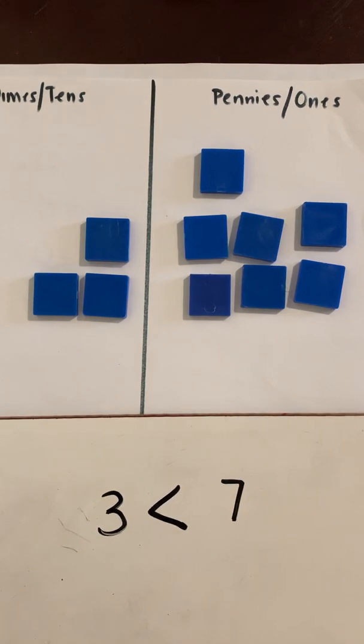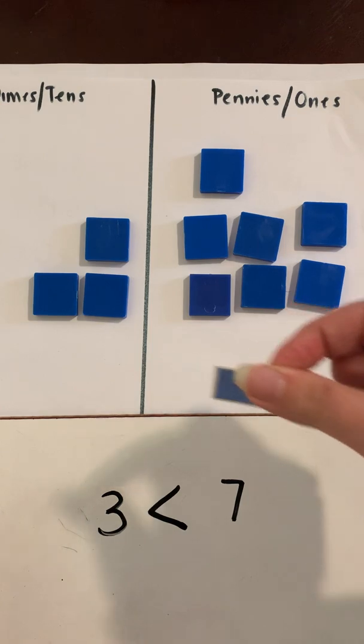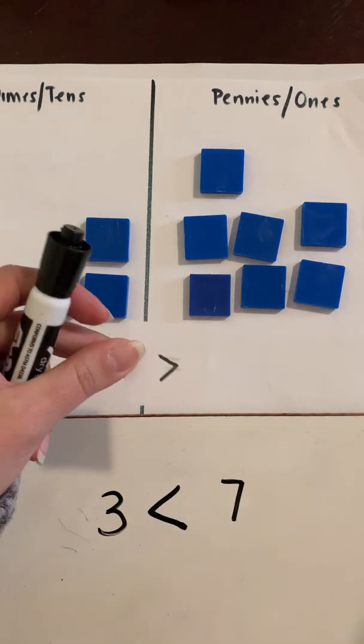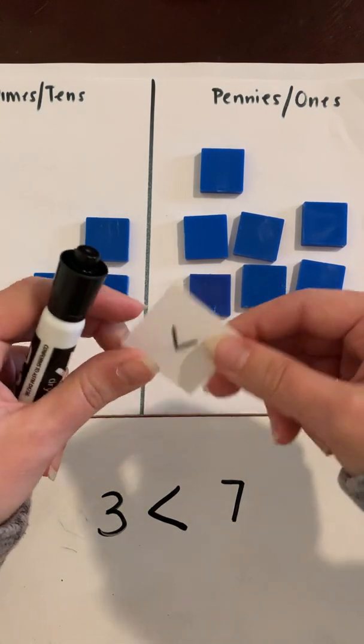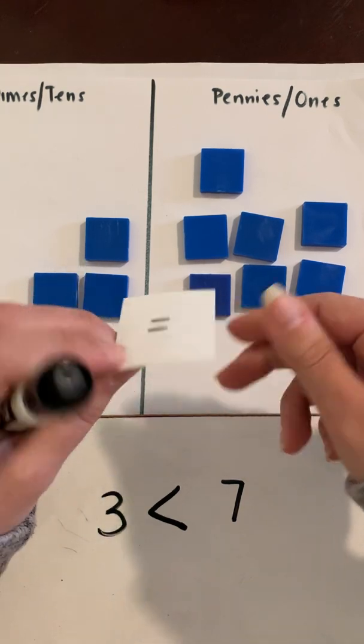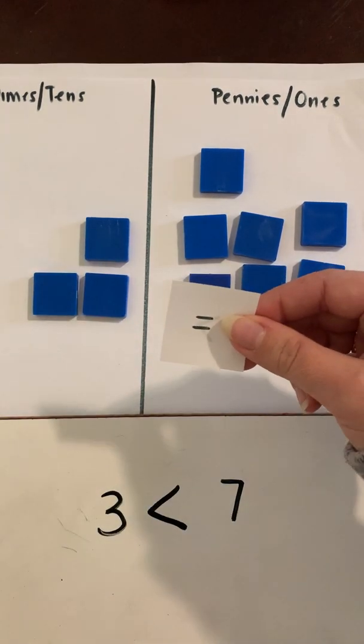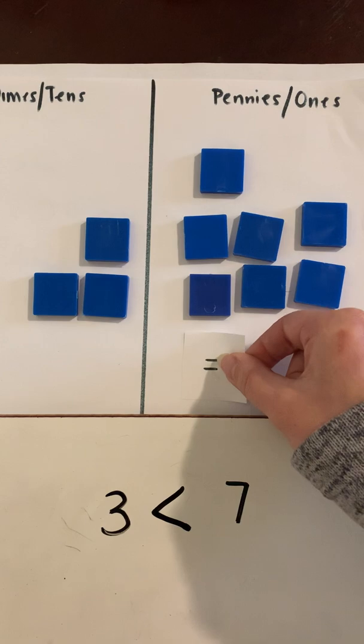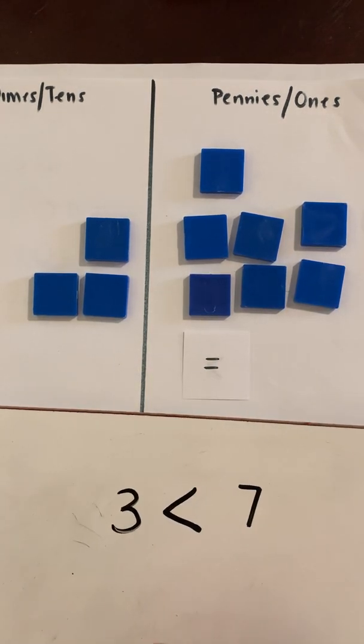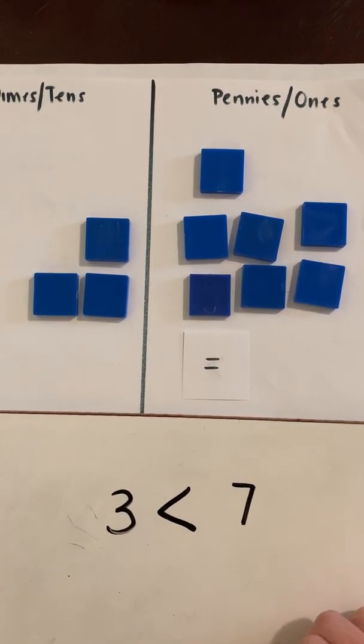Now I want you to practice making your own number sentences. Use your squares and your less than, greater than sign and your equal sign to make sentences. Try to make at least one number sentence for each symbol.